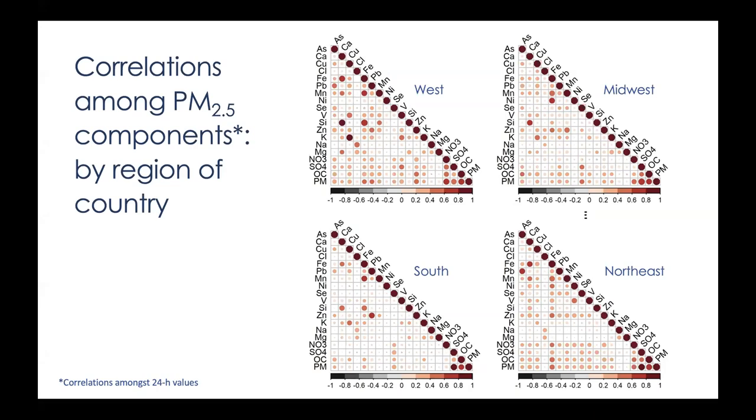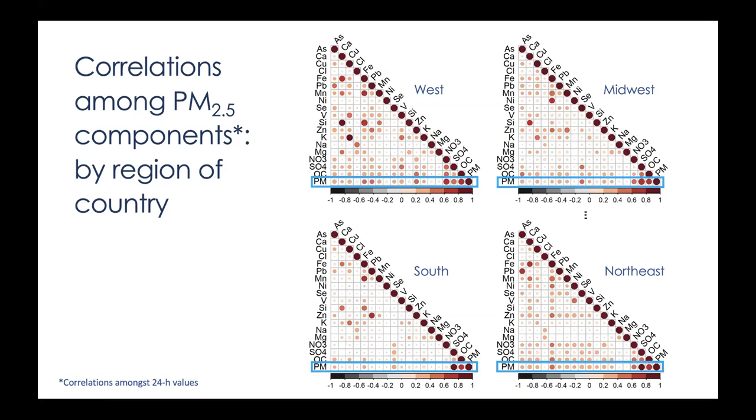It's clear from this figure, with its many darker colors and bigger circles, that many components are correlated with one another, but that the nature of these correlations is complex, varying in strength over time and, as shown here, over space. As expected, for the secondary pollutants, OC (the second to last component), sulfate and nitrate are strongly correlated with PM2.5 in general for most of the regions.